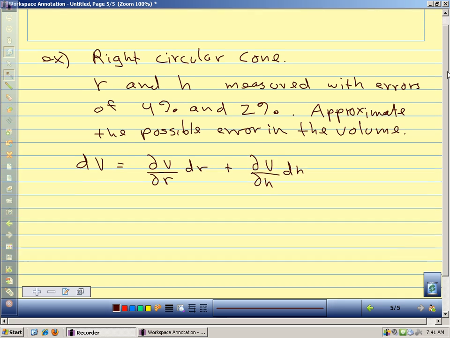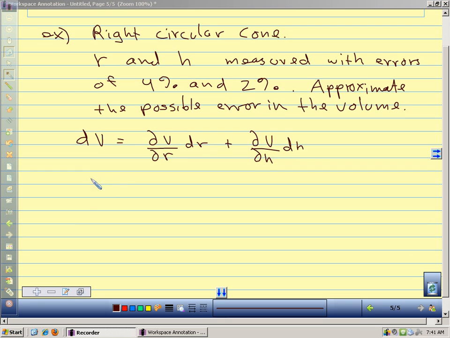And for a right circular cylinder, do we remember how we find the volume? Area of the base times the height. So 2 pi r squared h. And also remember that when we have our error as a percentage, this percentage is a relative error.